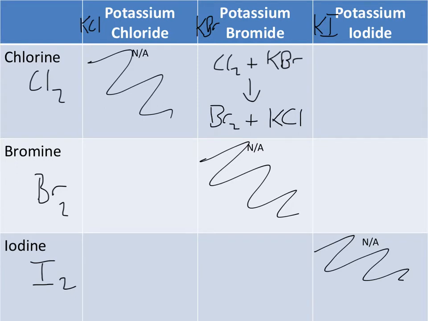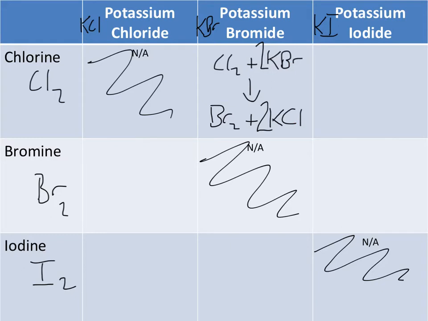Now obviously that equation needs balancing, so you'd have 2 KBr and 2 KCl, and it's nice and balanced then. Now what you might be thinking is, hang on a minute, why not just form KCl2? That can't happen because potassium has a valency of 1 and chloride also has a valency of 1. So the formula of potassium chloride is KCl.